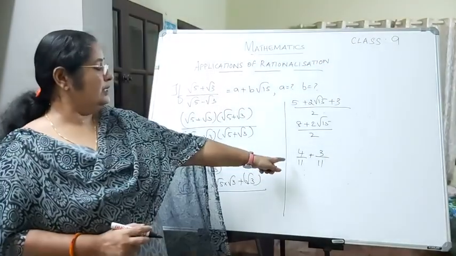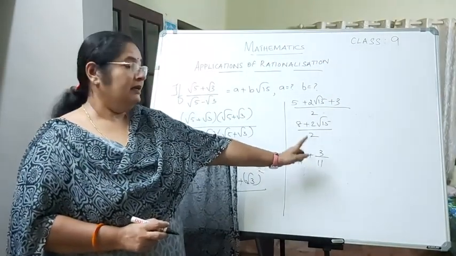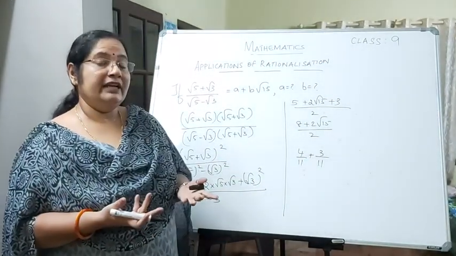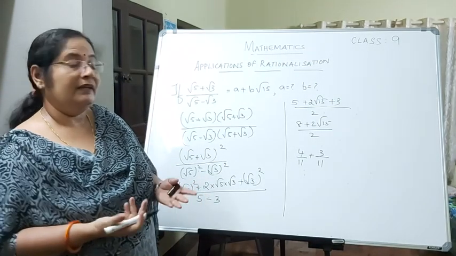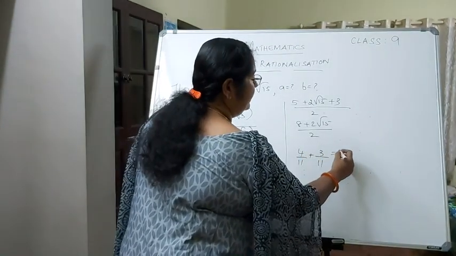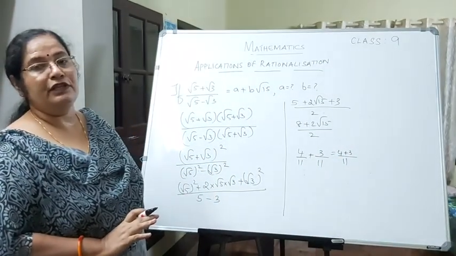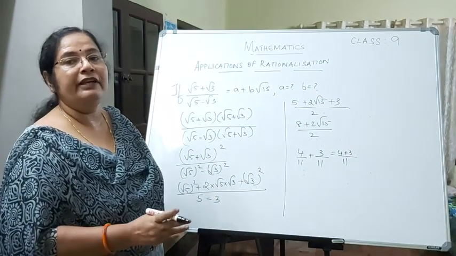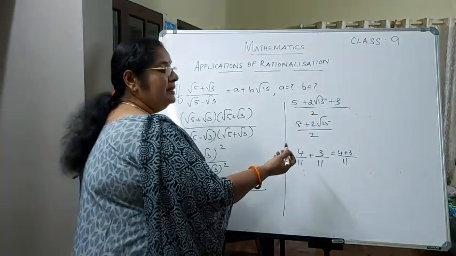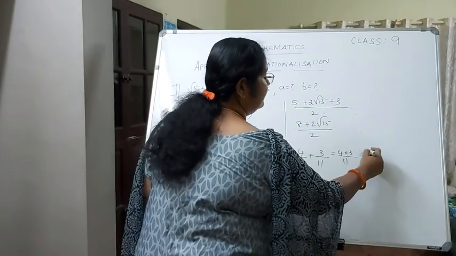They are like fractions; both denominators are the same. So how do you add 4 by 11 plus 3 by 11? You add only the numerators, keeping the denominator the same. So it is 4 plus 3, the whole divided by 11, which is 7 by 11.